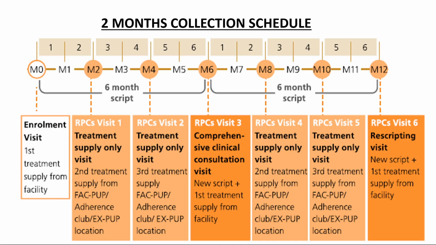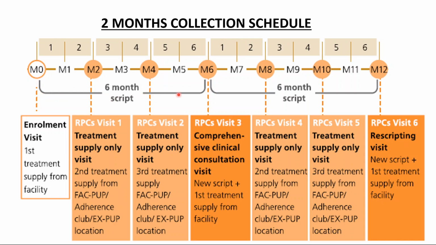Let's start with the 2 months one. I would just like to highlight some of the things to take note. Remember, now we said the script or the pickup can be at 2 months or at 3 months. So we are starting with the 2 months one. One of the things I want us to keep in mind is these are the months that the patient will be collecting medicine for, month 1, 2, all the way up to 6.